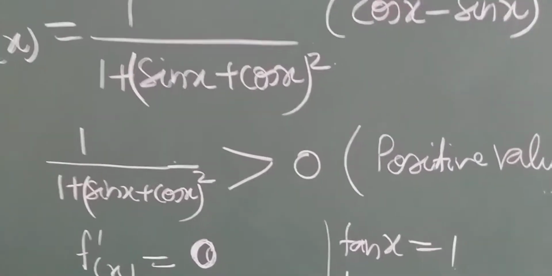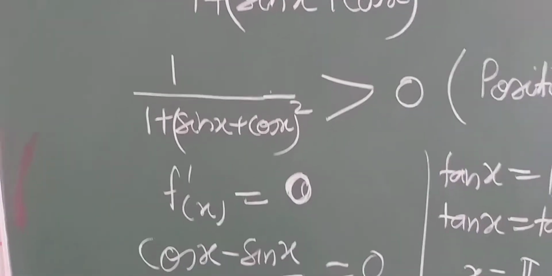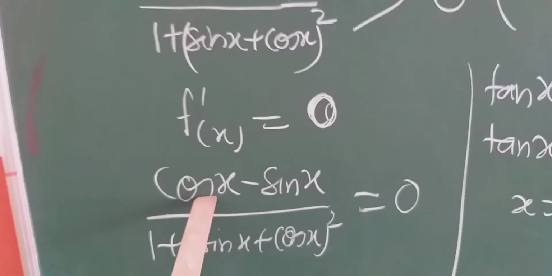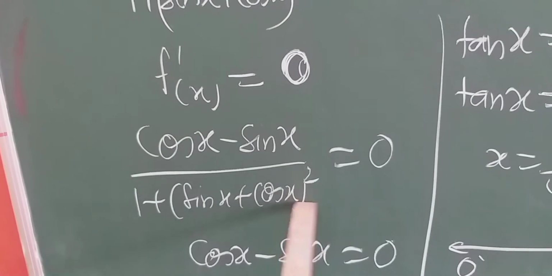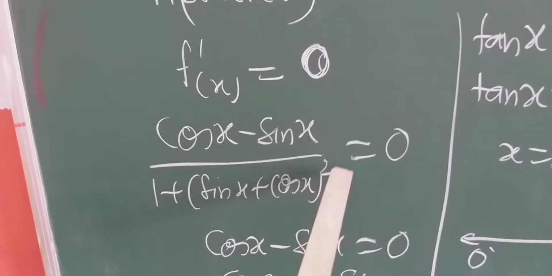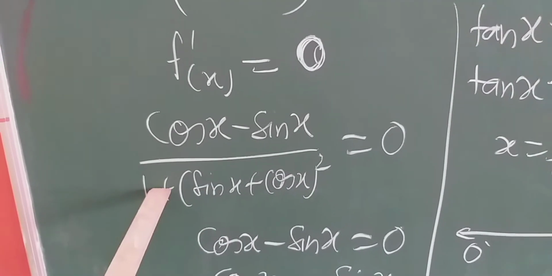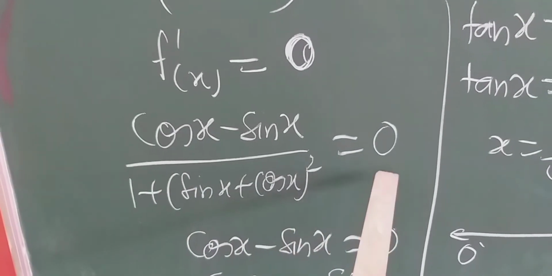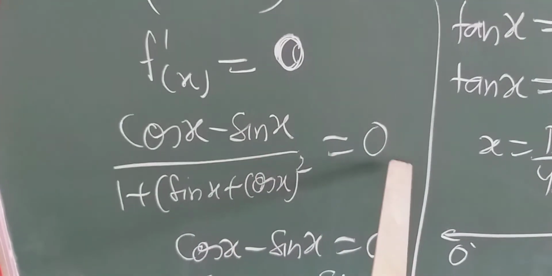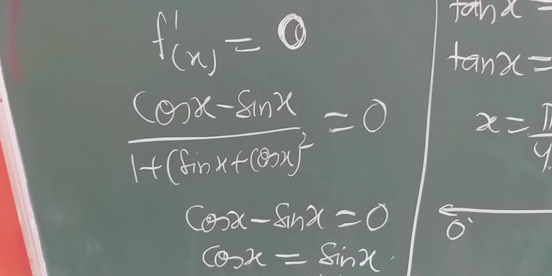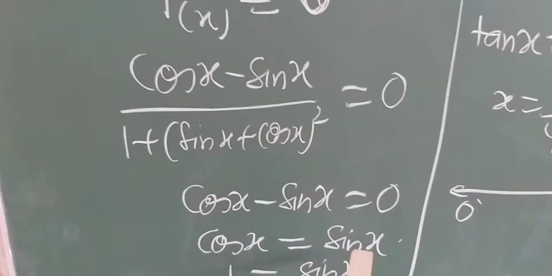Now students, let us put f'(x) equals 0 to find the interval. So (cos x minus sin x) upon (1 plus sin x plus cos x) whole square equals 0. This part we have proved is greater than 0, so the numerator will be equal to 0. cos x minus sin x equals 0, so cos x equals sin x.